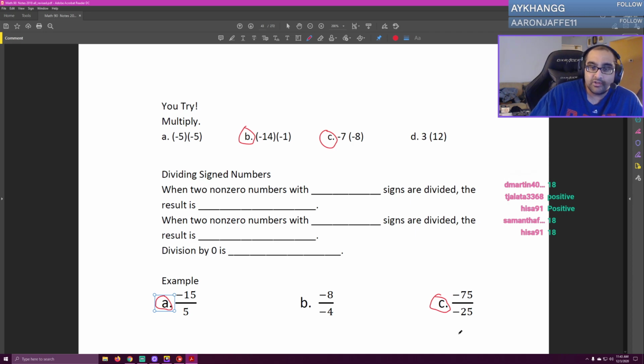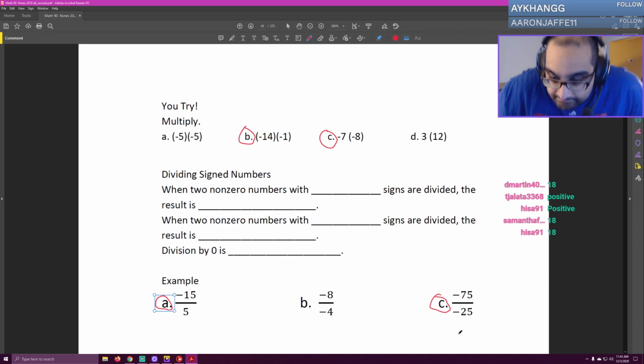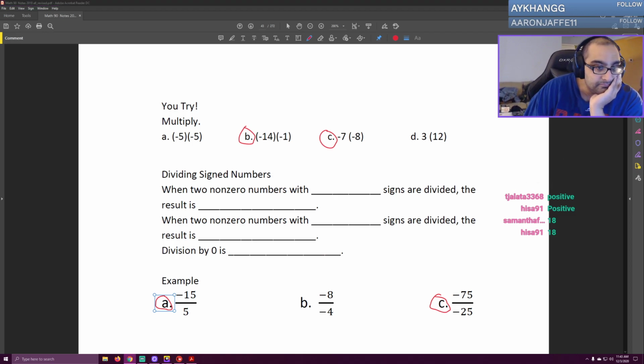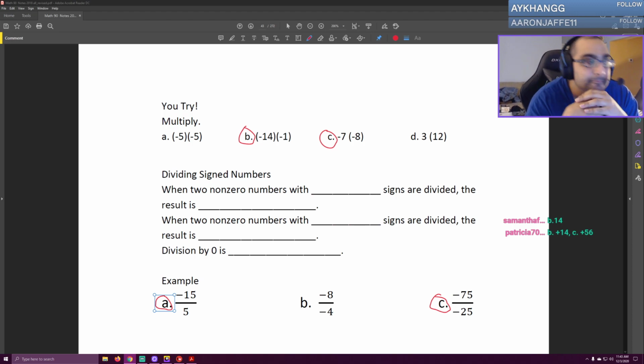Let's take a minute here. Don't forget the 2 division problems on the bottom.